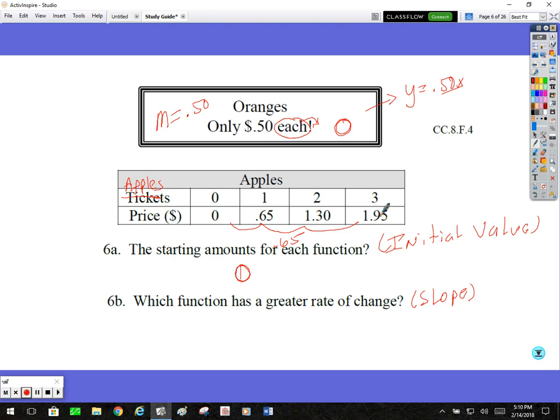And if I subtract 195 minus 65, that's still 65 cents, right? Okay, so the slope here for the apples is 0.65. Well, if I compare these two, 65 cents is bigger than 50 cents, so the apples will have the greater slope. Okay, that means they would cost more. And if I buy an apple or buy an orange, my bill would go up faster by buying more apples than I would oranges. Okay, all right, good job so far.